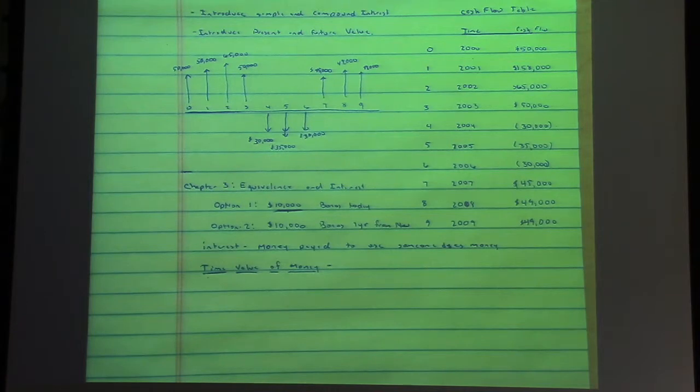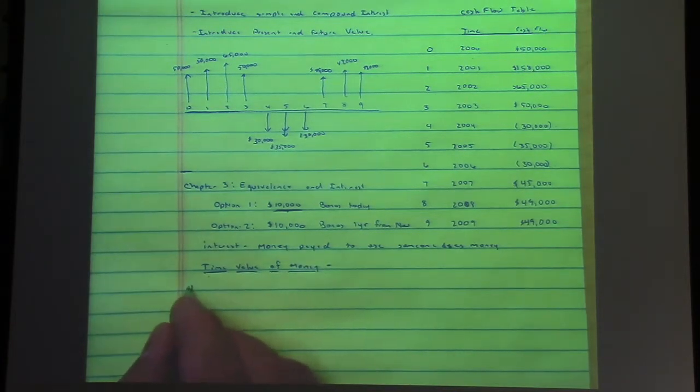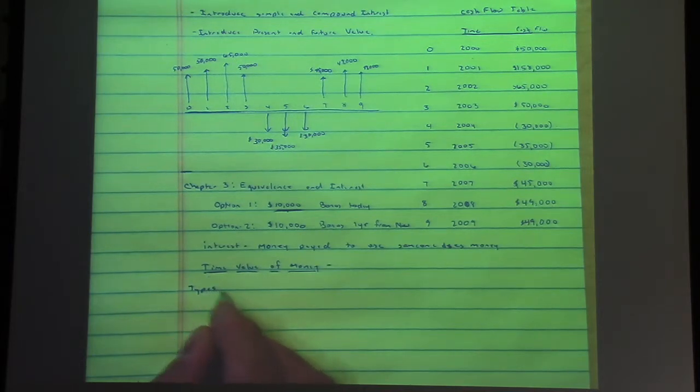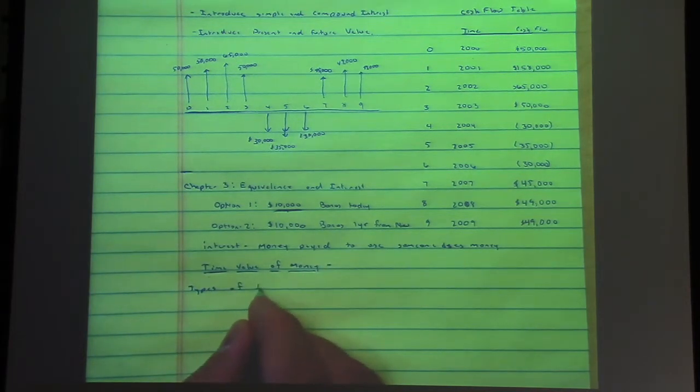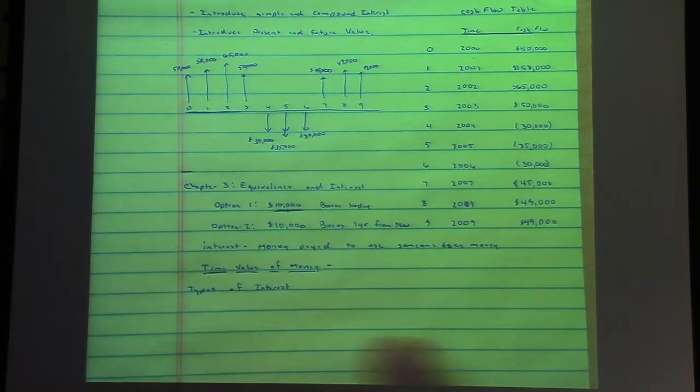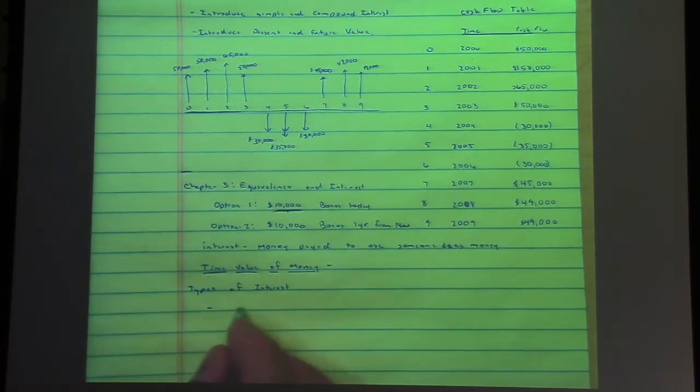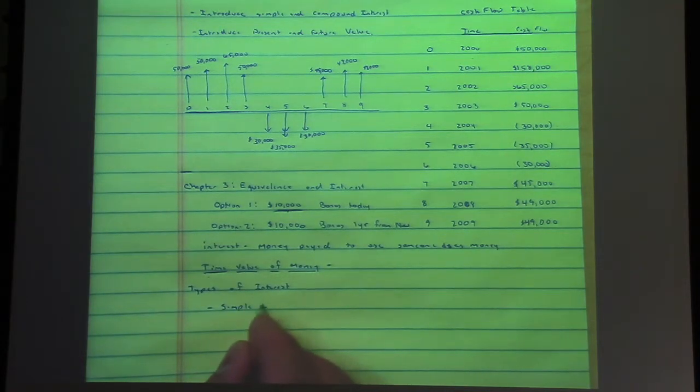When we go through and talk about this, we have several different types of interest that we can work with. And as I said, this is going to be a throwback to your pre-calc days, so it's going to look very familiar for you. The first type of interest that we have is what's known as simple interest.